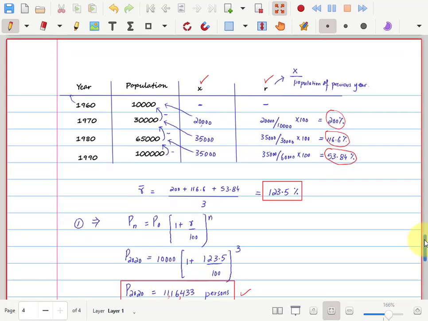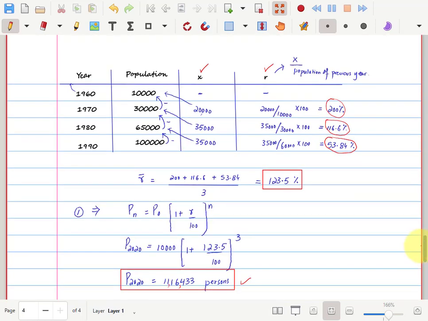This method gives us more accurate values, so we can use it for those series which are not settled. Like there are some new cities which are supposed to have some sort of industrial development in the coming years, and if there is industrial development, then obviously people from other towns will move to that city, and the population is going to increase.